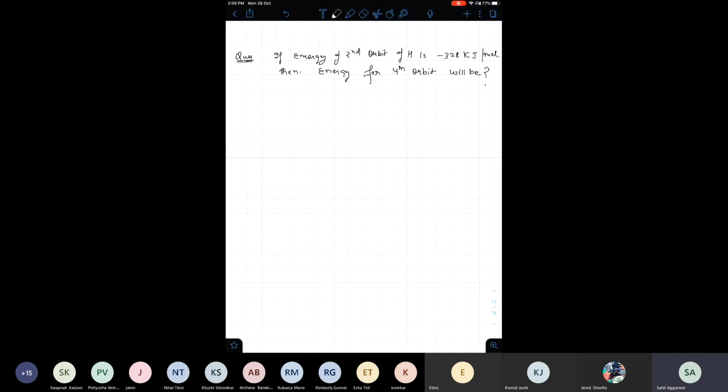For second orbit it's given, for fourth orbit it is asked. How much it will be?